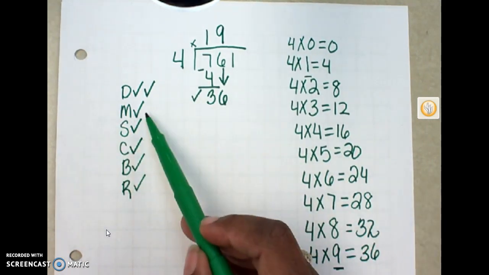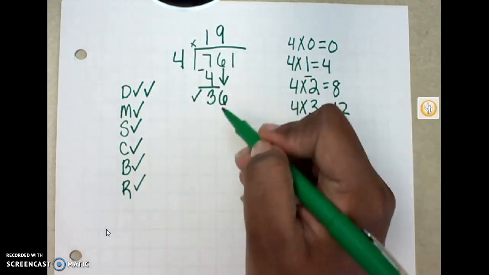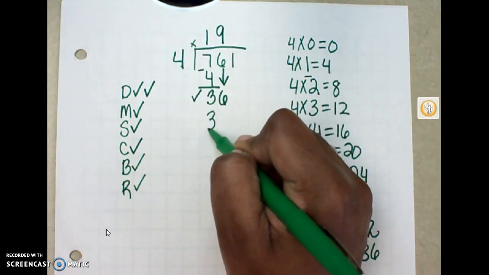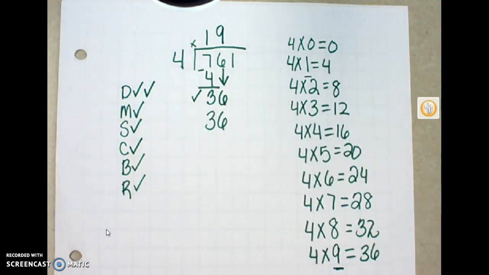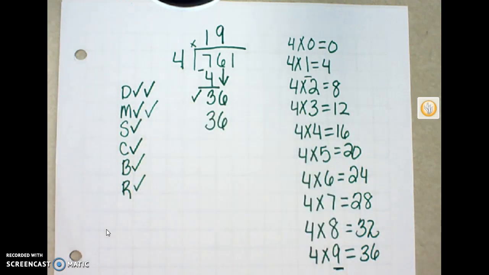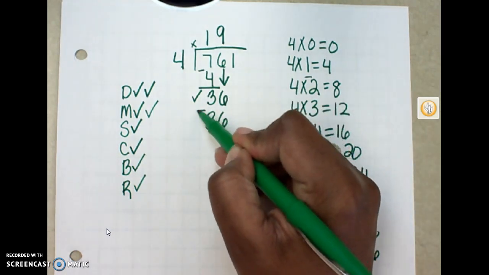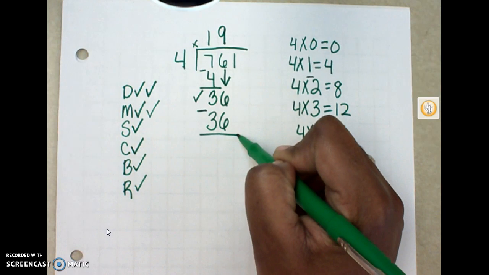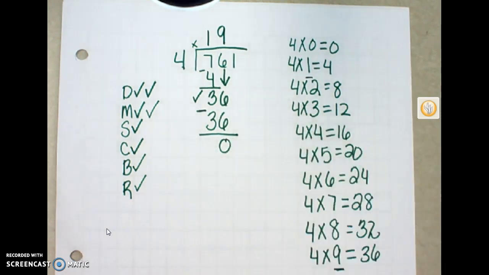Now I'm ready to multiply. 9 times 4 is 36. And I put my 36 right underneath the 36. I have just multiplied. Now I'm ready to subtract. 36 minus 36 is going to give me 0.